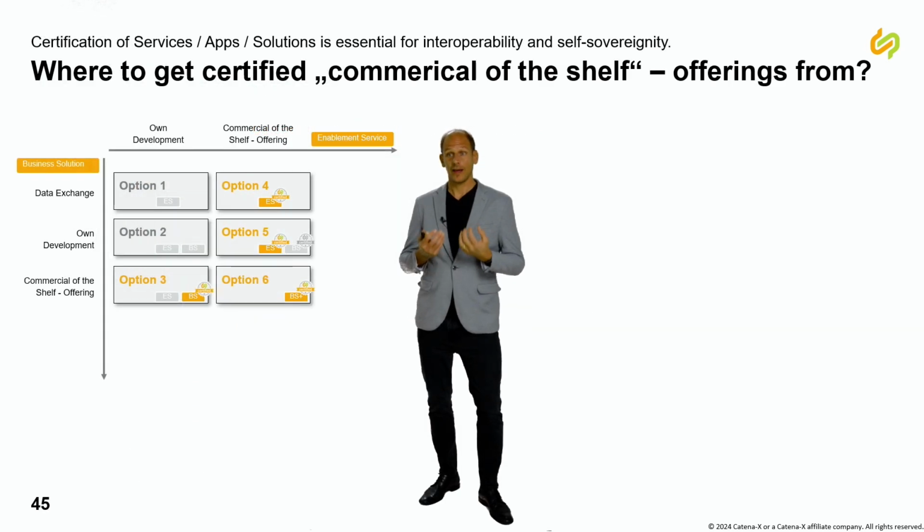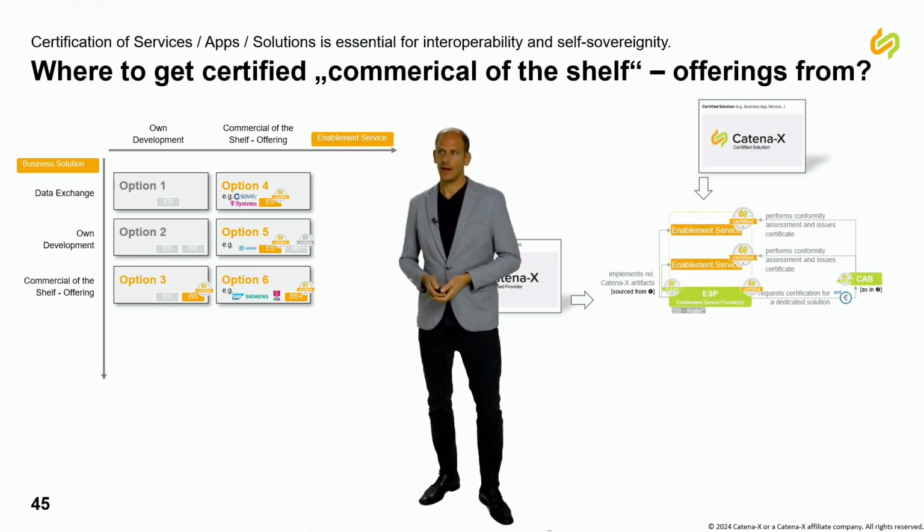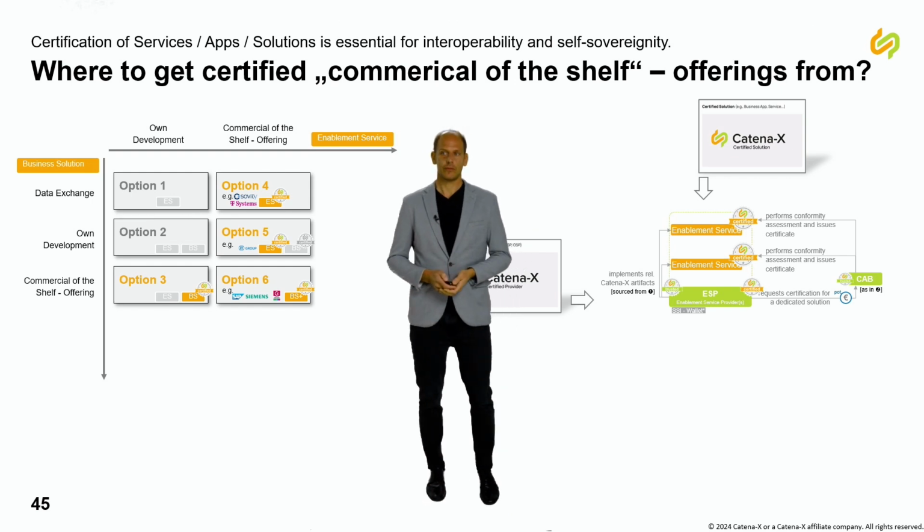Now let's look where to get certified commercial off-the-shelf offerings from, options 4 to 6. Companies like Soveti, T-Systems, ZF, SAP, Siemens or German Edge Cloud already offer their applications. And they all went through the same process.